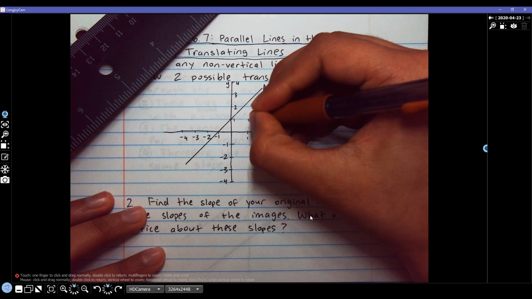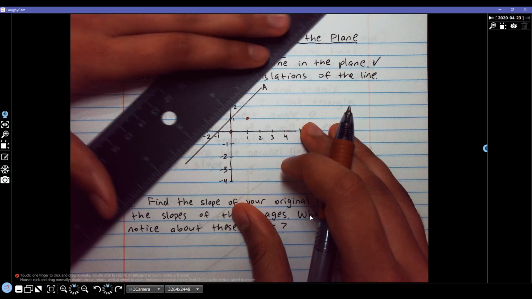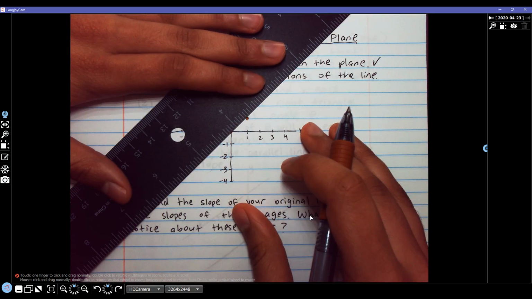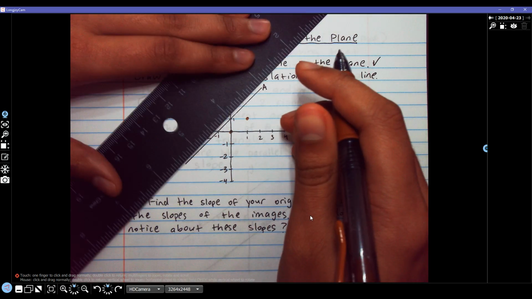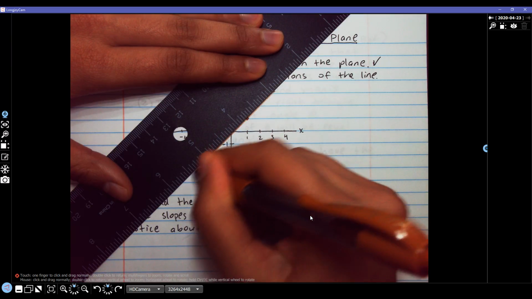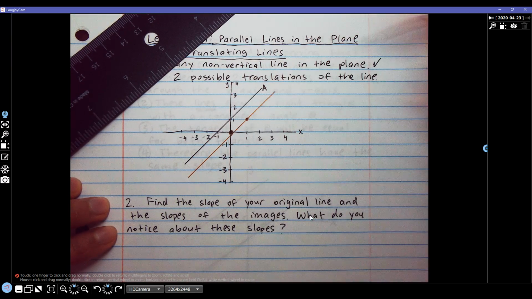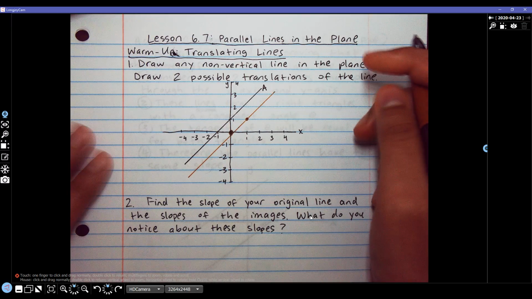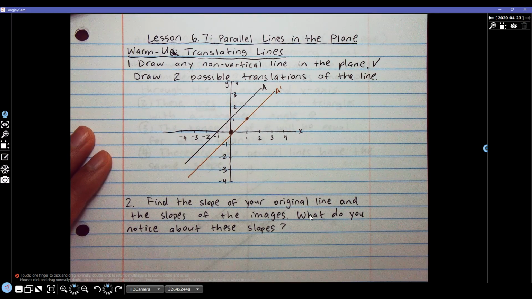So I'm going to move this point here, and then I'll move this point here. And this should be going through this point. Sorry, my drawing's a little bit off. And this, I'll call A prime. And then that's our first translation.